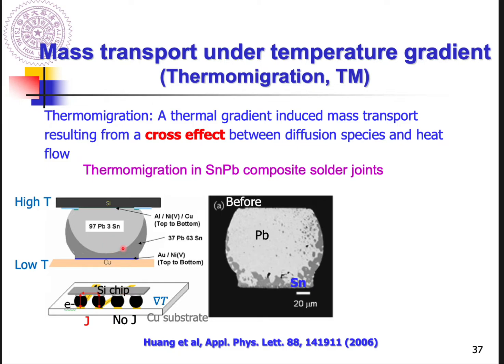Okay, so now there's no current passing through this solder bump. This solder bump just suffers the temperature gradient. Before this solder bump is subjected to this temperature gradient, the scientists analyze the element distribution on this solder bump.